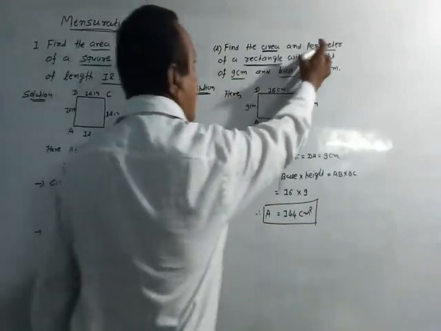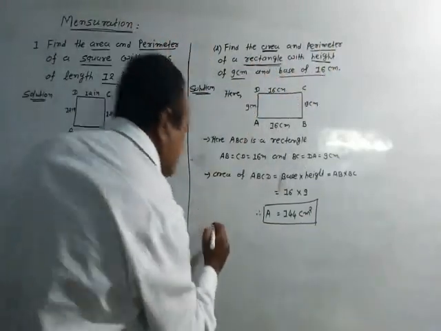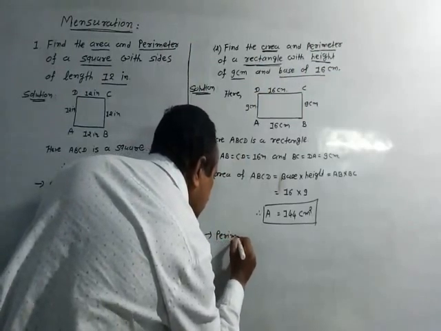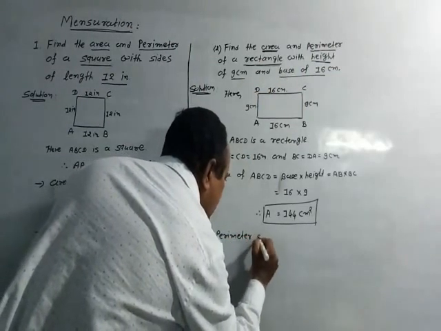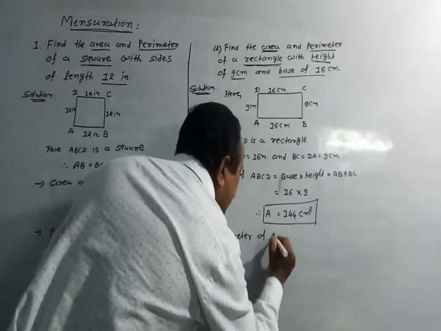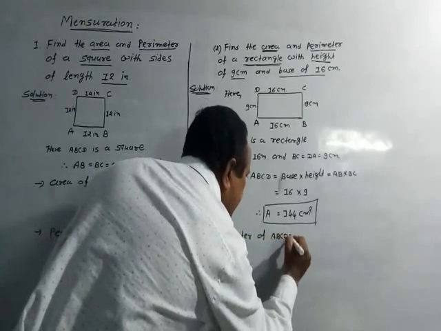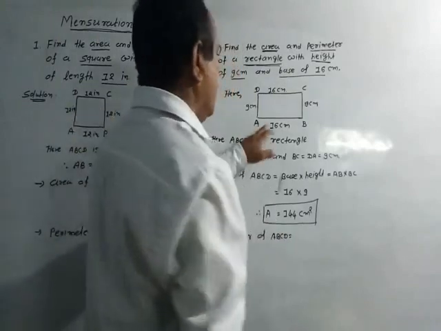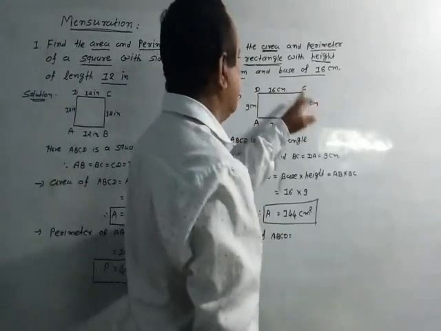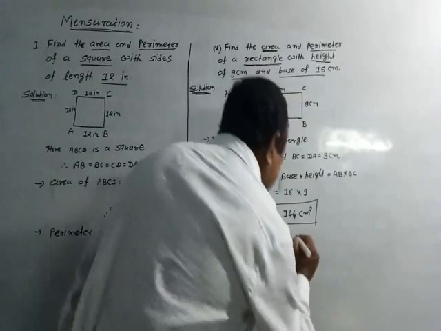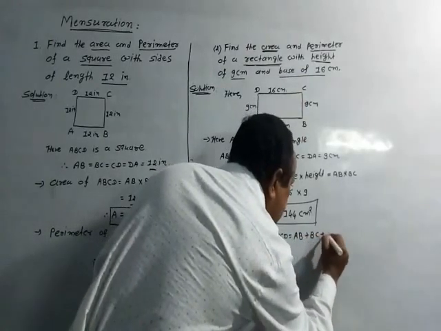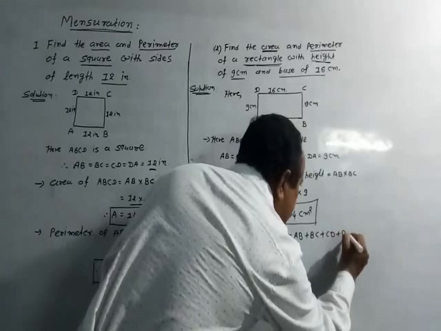Now again, find the perimeter of the rectangle. Perimeter of rectangle ABCD, similarly to the square, is AB plus BC plus CD plus DA.